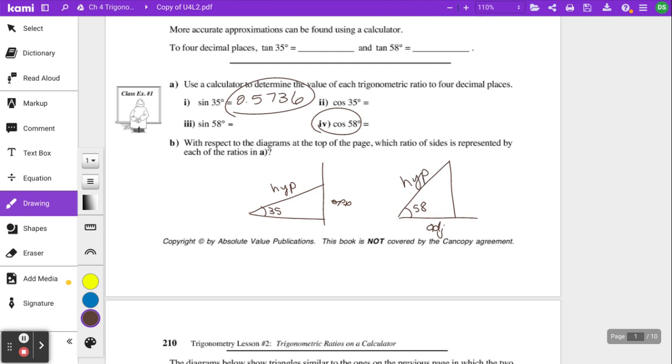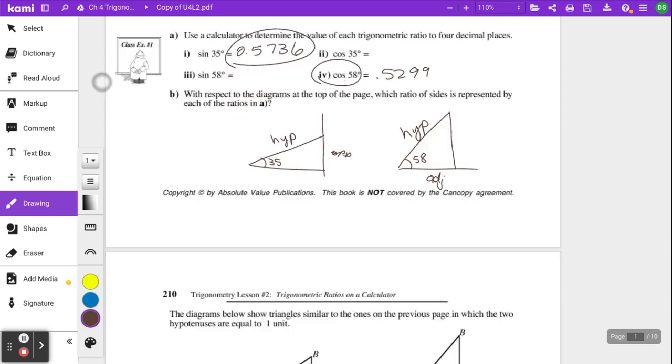Go. 0.5299. Is that rounding properly? So what we just decided was when I have a 58 degree angle, if I take the cosine of that, that will tell me that the ratio of the adjacent side to the hypotenuse is about 0.5299. That's what we're learning. Okay, turn the page.